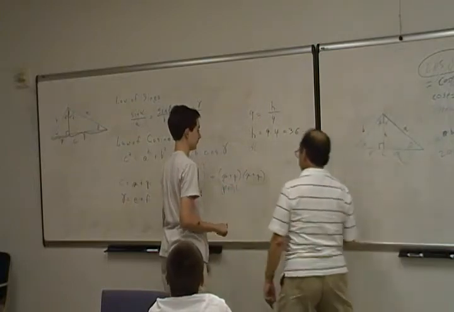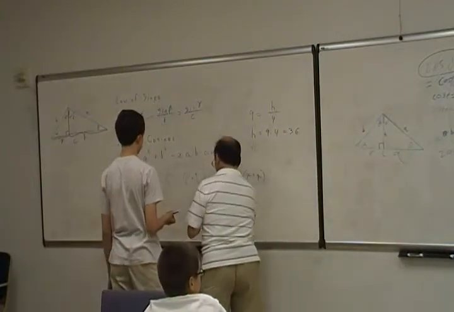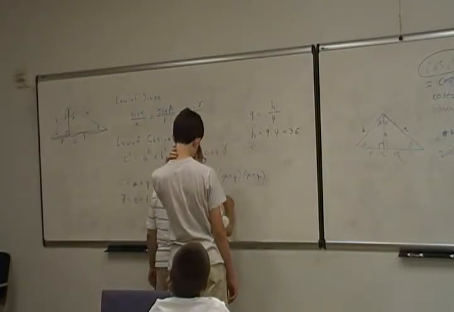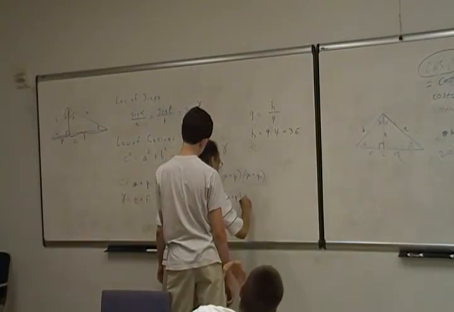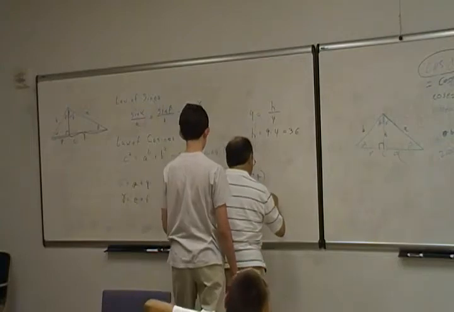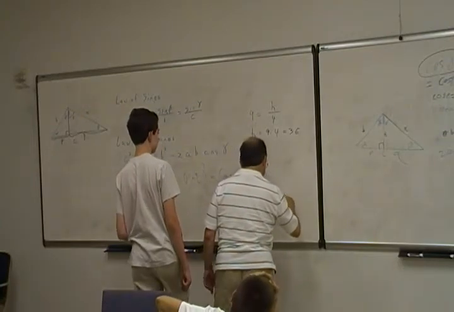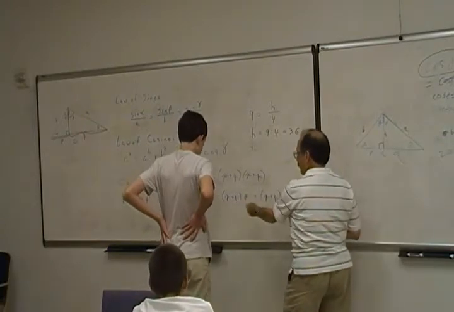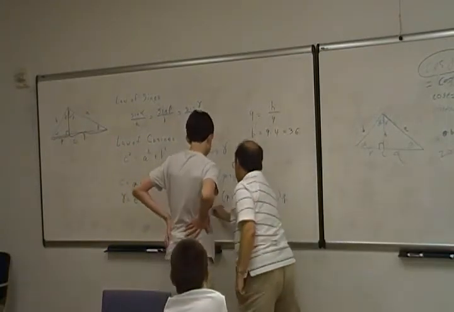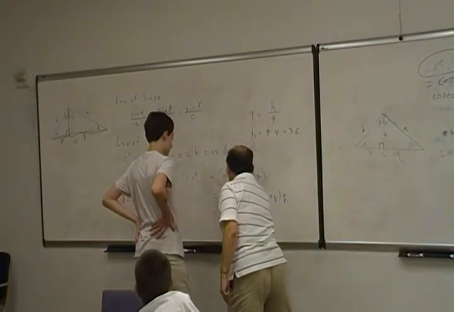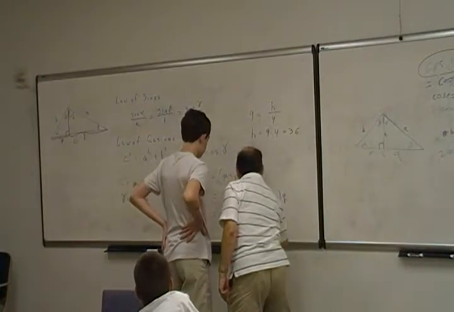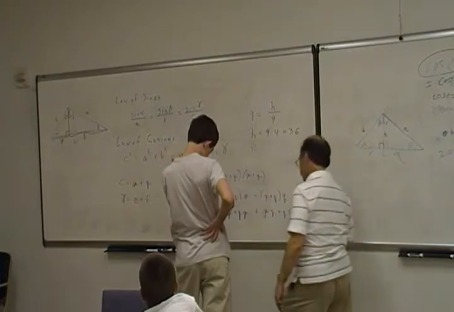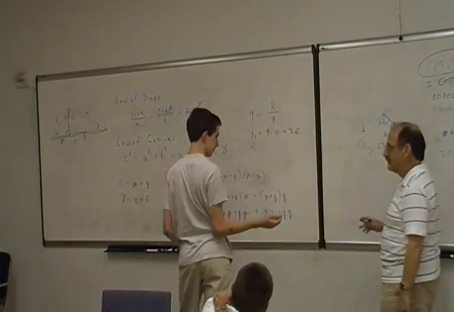So let me work it out for you. Okay? This is equal to p plus q times p plus p plus q times q. It's this times this and this times this, right? Then the p can multiply each of those. P plus qp plus pq plus qq. Does that look good?